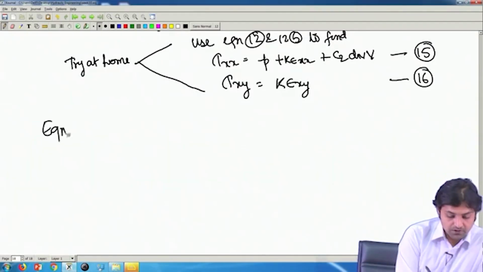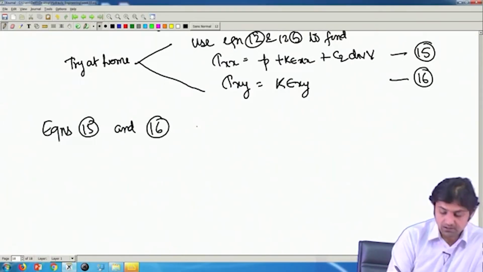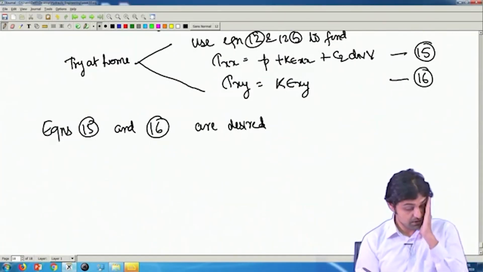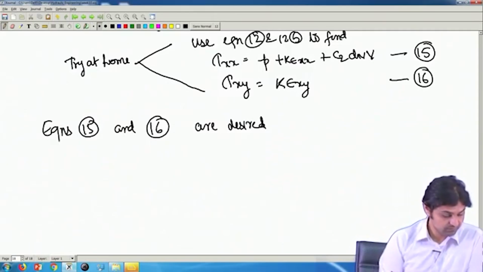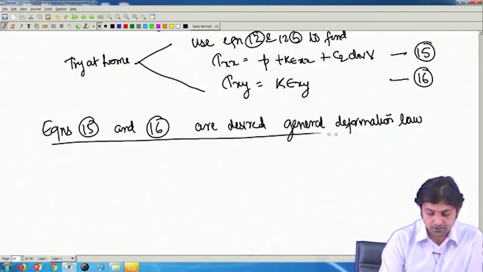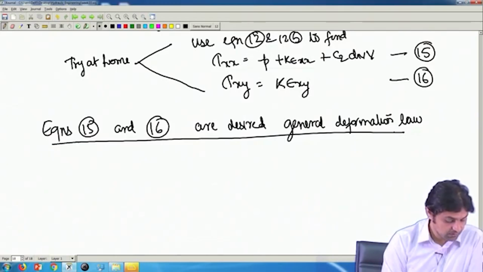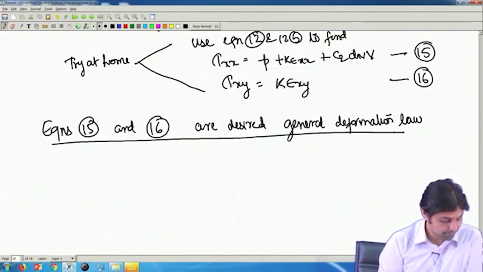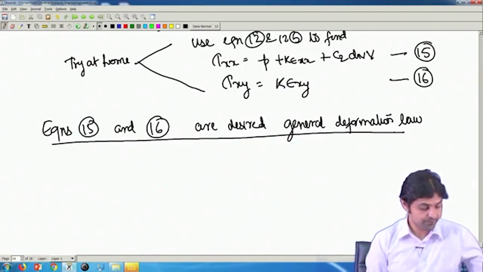So, equations 15 and 16 are the desired general deformation law. Okay. All right.